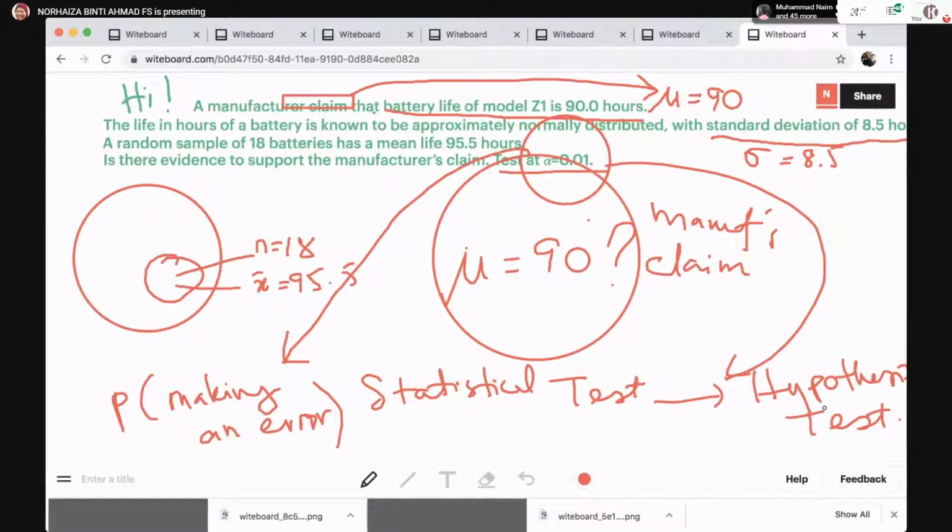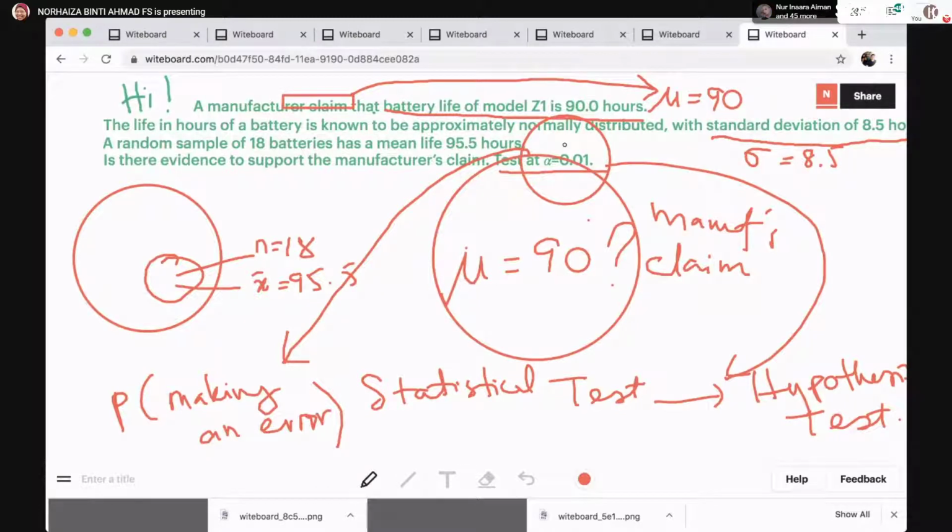Because we are just human, we are not going to state an absolute conclusion whether the battery life is true or not. There's always a chance of having that error. So we want to test at an error of 1%. That means if I do 100 tests, there's only one chance that I will make an error on this test.